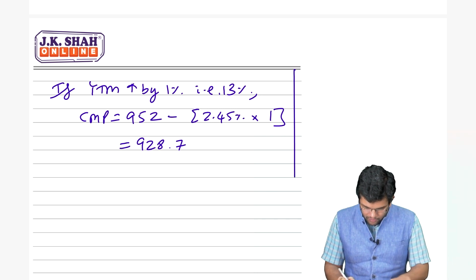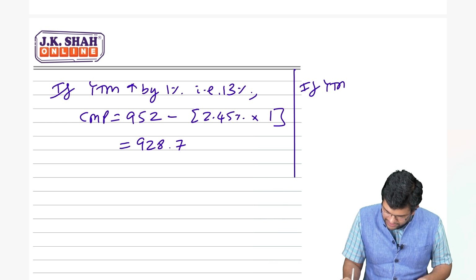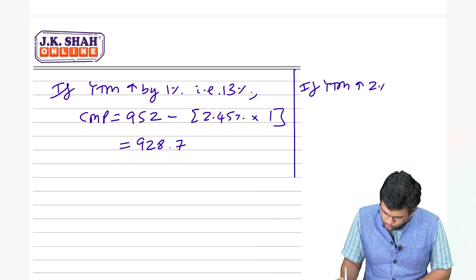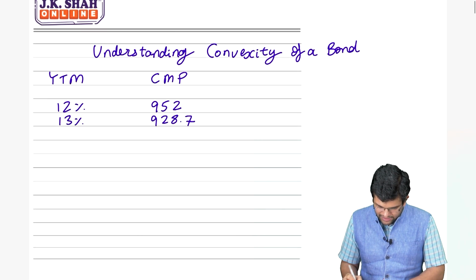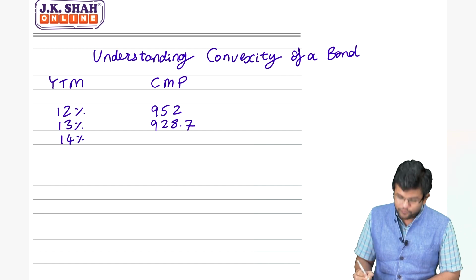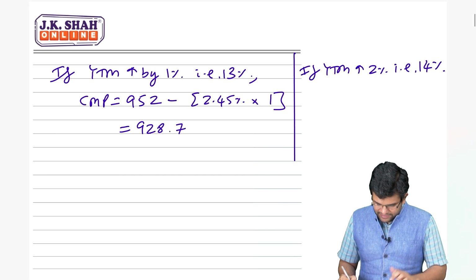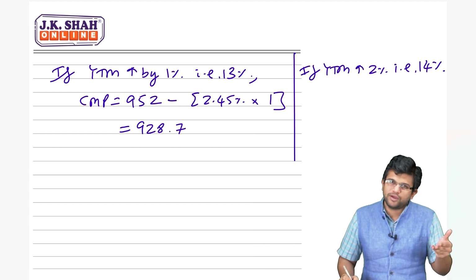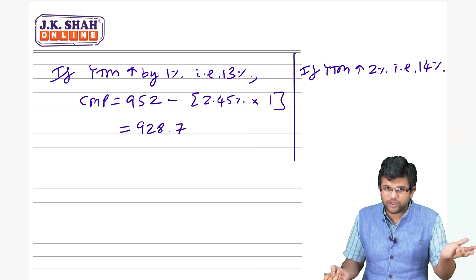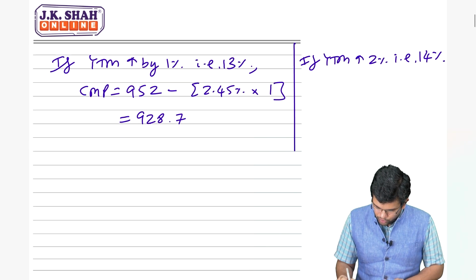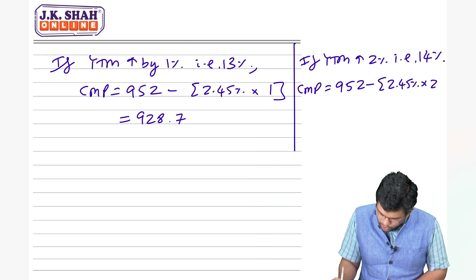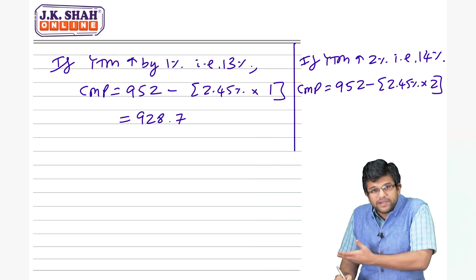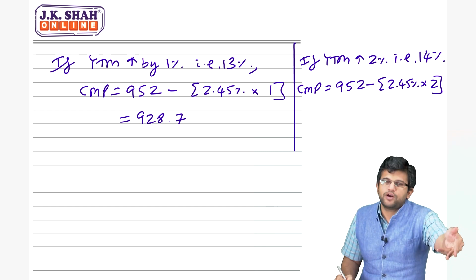What if YTM increases by 2%, that is, if it goes to 14%? Which means from 12, if it jumps 2% to 14, then according to the derivative, for every 1% change in YTM there is a 2.45% change in the price of the bond. So the current market price should be 952 minus 2.45% into 2, because for 1% change in YTM there is a 2.45% change in price.